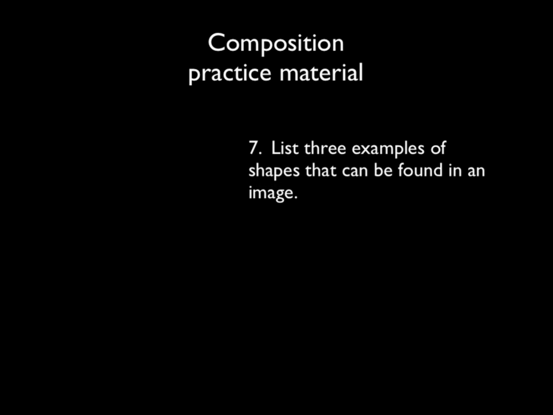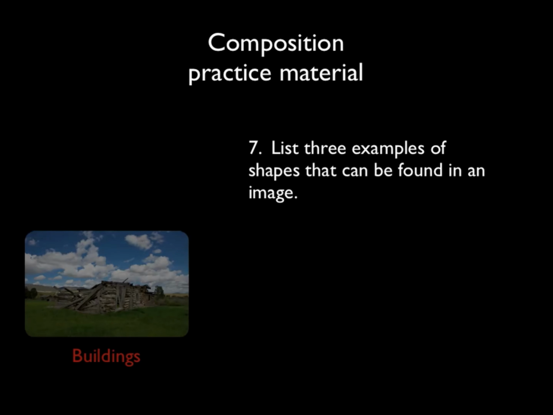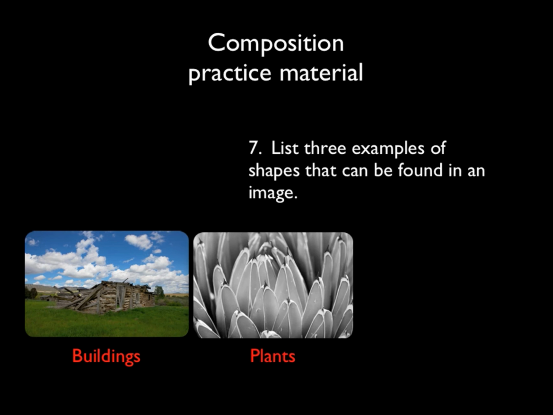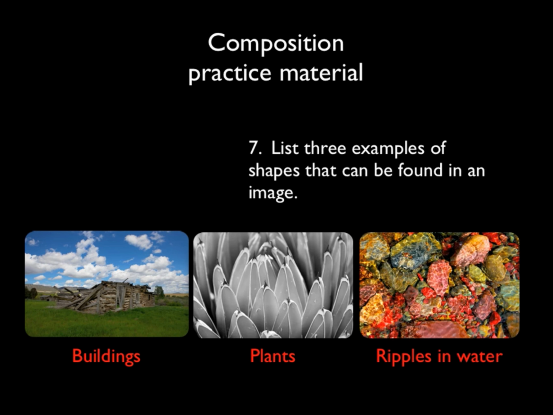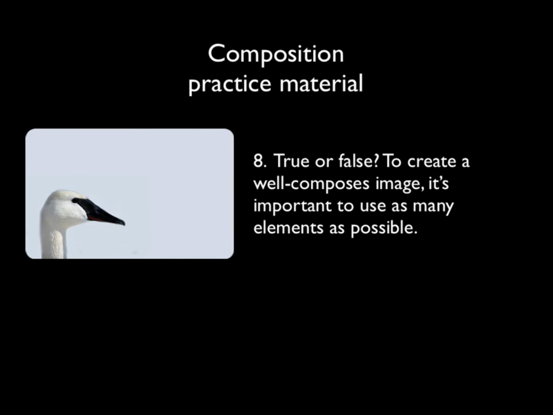List 3 examples of shapes that can be found in an image. Buildings, plants, ripples in water. 8. True or false? To create a well-composed image, it's important to use as many elements as possible. False.